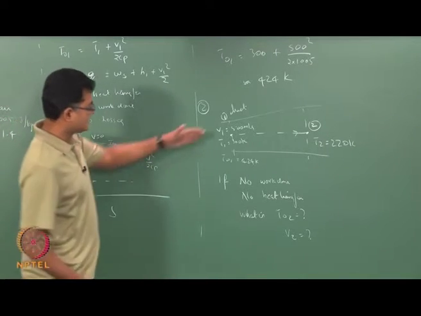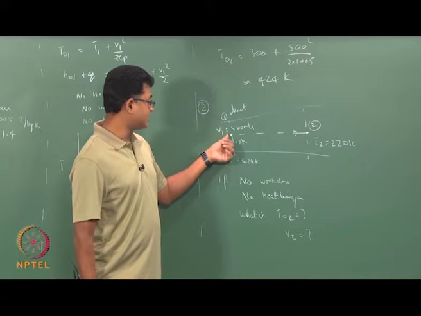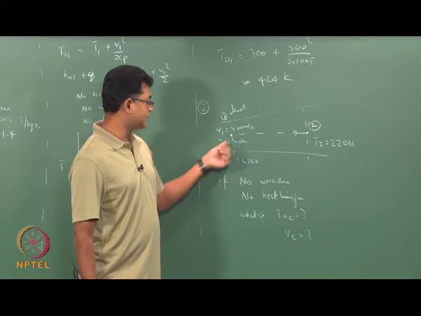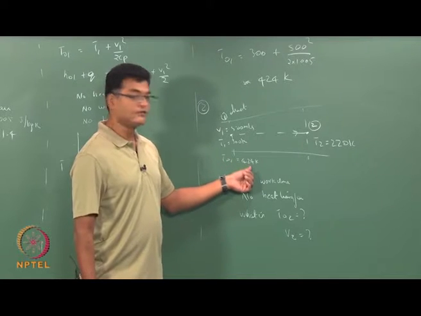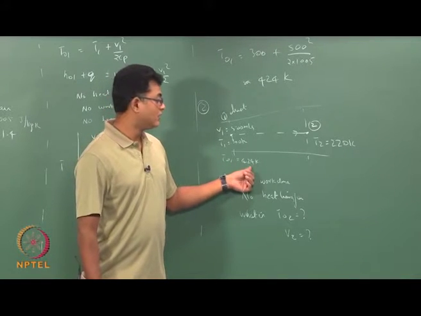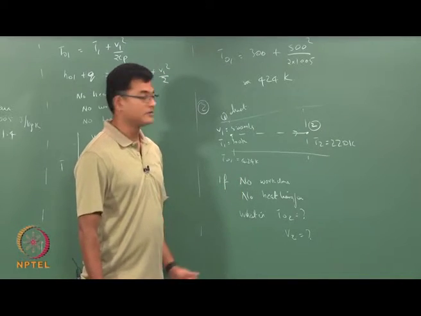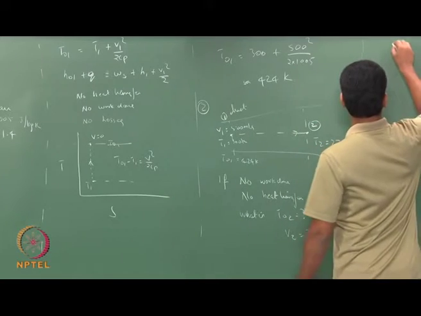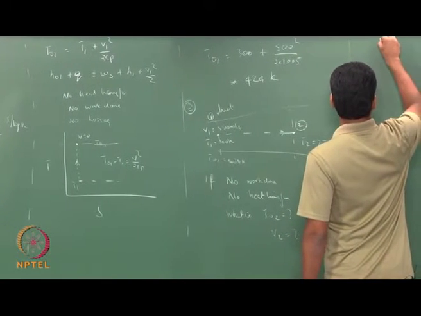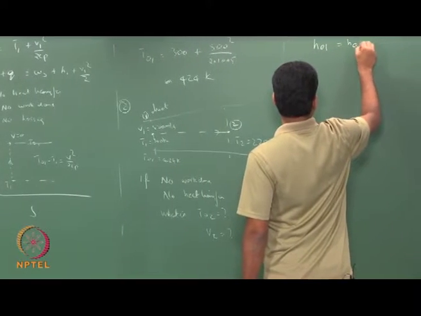Okay. So, the question is, I have a flow in a duct with at station 1 the velocity is 500 meters per second and T1 is 300, T01 is 424 Kelvin. What is my T02 if no work, no heat transfer? So, if no work, no heat transfer, I have H01 equals H02.